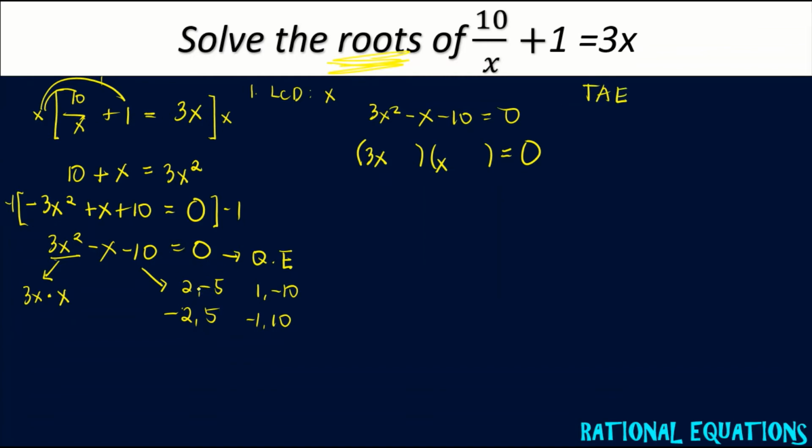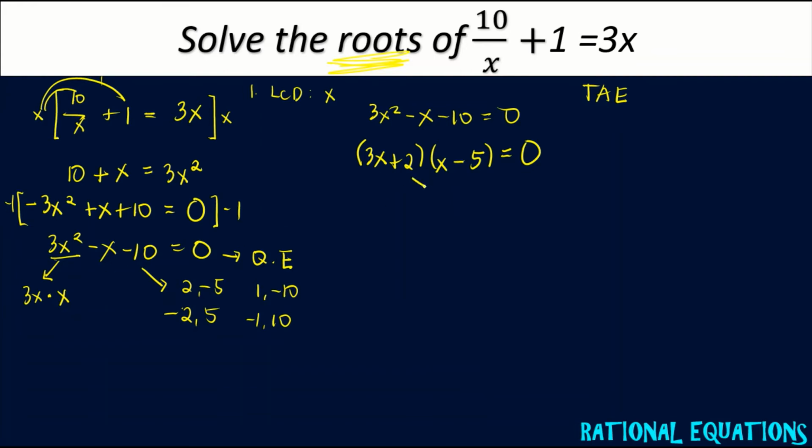Okay, so try natin ang 2 and negative 5. So, we have plus 2 and negative 5. So, para makuha natin yung tamang equation, dapat pareha siya dito sa 3x squared minus x minus 10 equals 0. Dapat ang kalalabasan ng outer and inner terms is negative x.